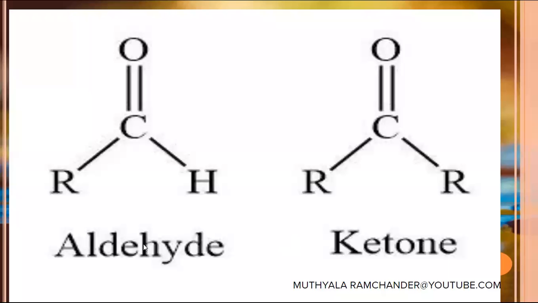So this is the aldehyde group present on a carbohydrate, CHO, where R indicates the hydrocarbon chain. Ketones have C double bond O, and here also R indicates the carbohydrate chain. Ketone groups and aldehyde groups are both present in carbohydrates.